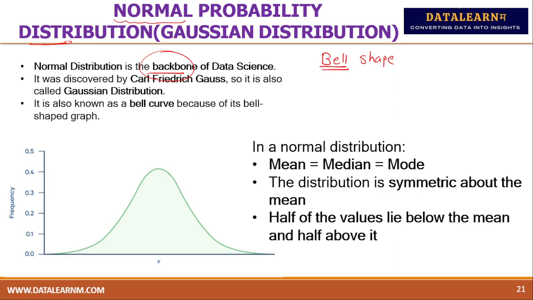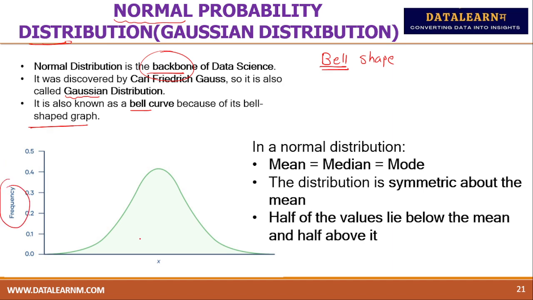Okay. So what is the expectation? Your data should follow the normal distribution. That is the general expectation. The normal distribution was discovered by Carl Gauss, and so it is called the Gaussian distribution as well. It is known as the bell curve because it's a bell-shaped graph.